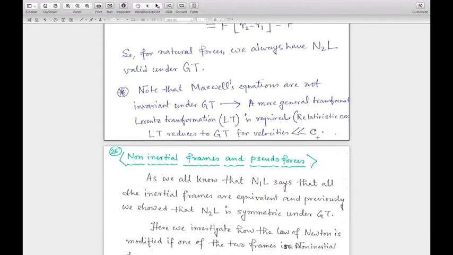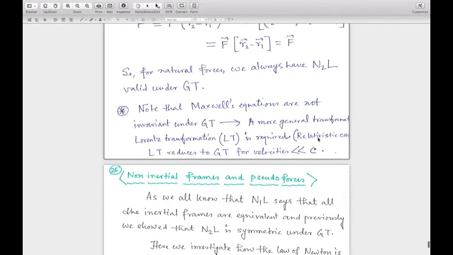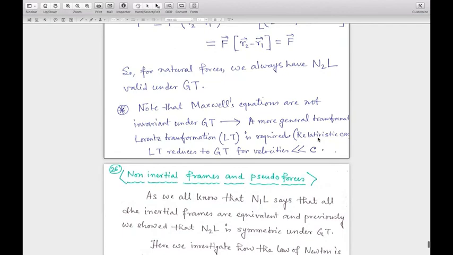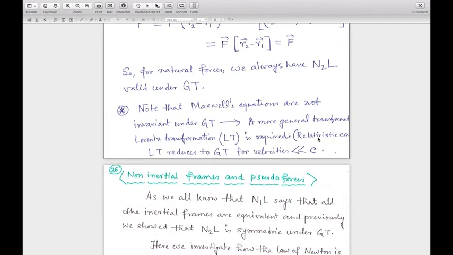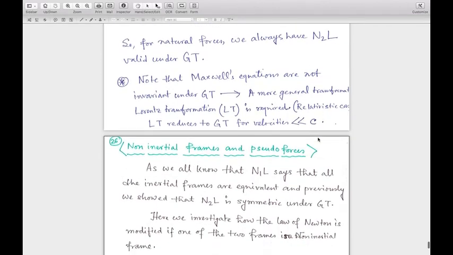For the interested students, you can have a look at a subset of Maxwell's equations, which is called the Bianchi subset, and that subset is somehow invariant under Galilean transformation. You check and tell me which two. There are two of the four equations making a subset which satisfy Galilean symmetry under Galilean transformation.